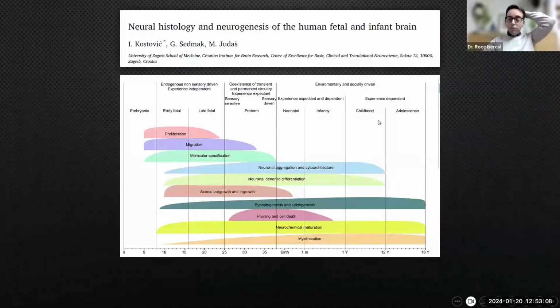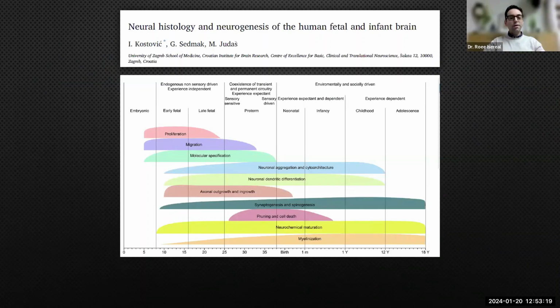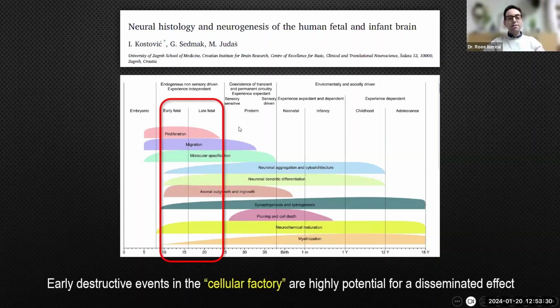However, I would like to focus and shed more light on earlier events. As I told you before, until recently, and thanks to the group from Italy, we were not really aware of this pathology. But going back to the physiological and embryological work by Kostovic and the colleagues from Zagreb, you can see that if you look at the developmental and cellular events that occur during morphogenesis of the brain, most of the important things with the highest extent occur during early fetal or mid-pregnancy.